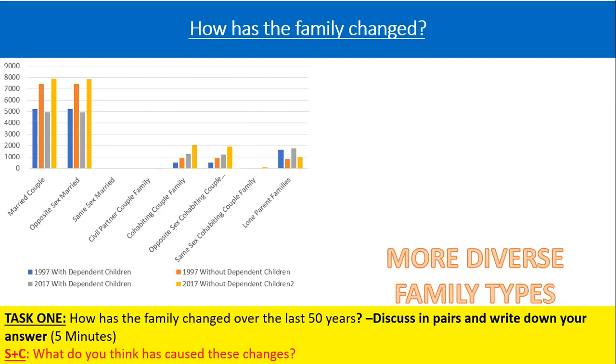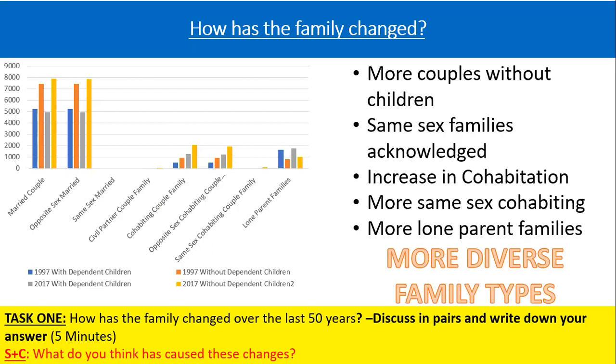Right, so in essence, the family has become a lot more diverse. There are a lot more diverse family types. To read out a few things that have become a lot more common: there are a lot more couples without children, a lot more same-sex families being acknowledged in data, an increase in cohabitation, more same-sex cohabiting and more lone parent families.